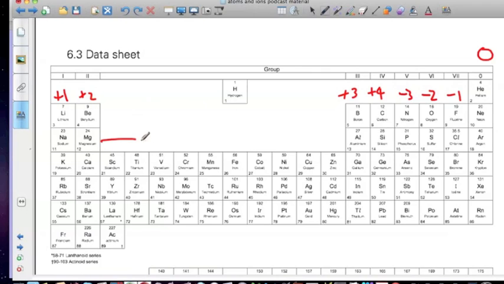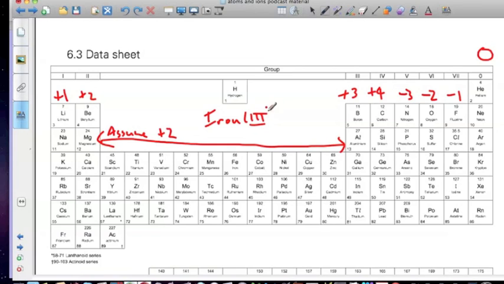Now what about these guys in the middle? Well, because they're metals, they're going to be positive, obviously. Now they're between 2 and 3. The transition metals, as they are called, I want you to assume plus 2. Assume plus 2 unless told otherwise. Unless you're told, for example, iron(III) oxide.